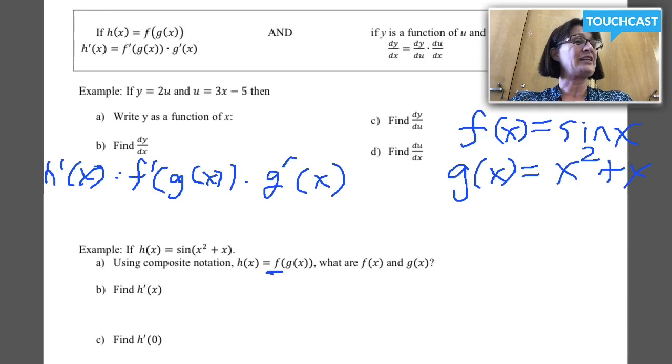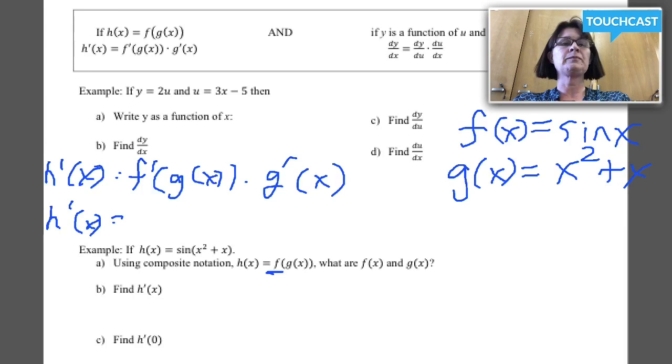So now that I know these two functions, I'm going to be able to rewrite this chain rule using this f and this g from this function. So h prime of x is going to equal f prime with the same g still inside. Well, what's f prime of x? F prime of x is cosine of x. I'll even write that down.